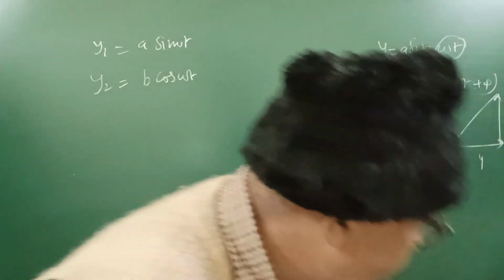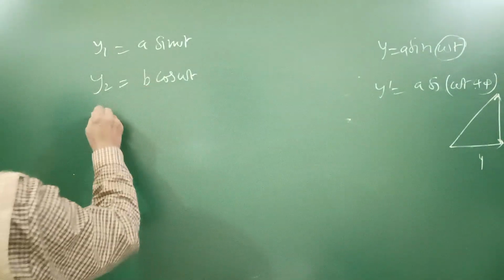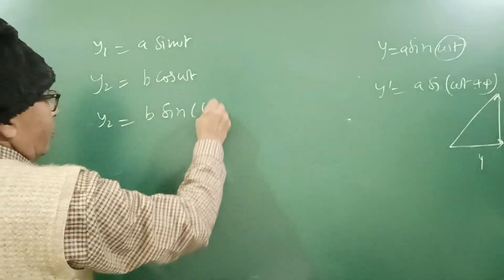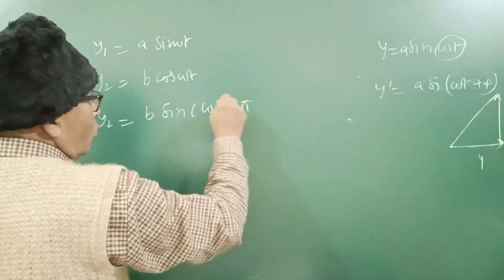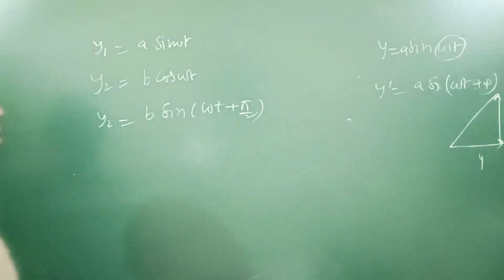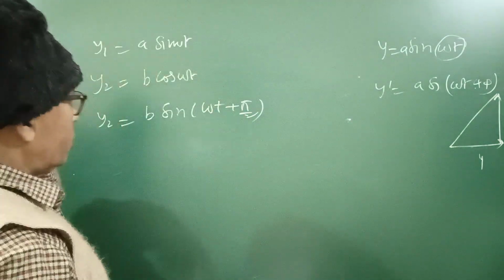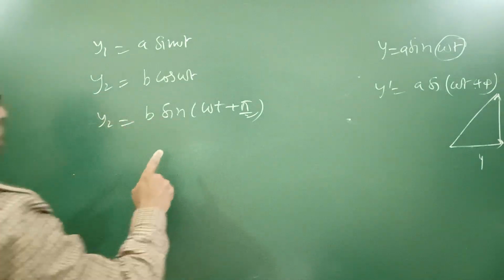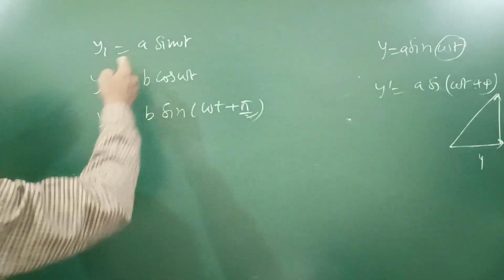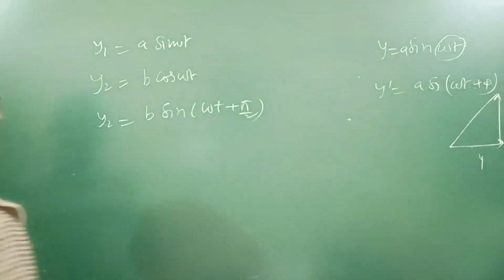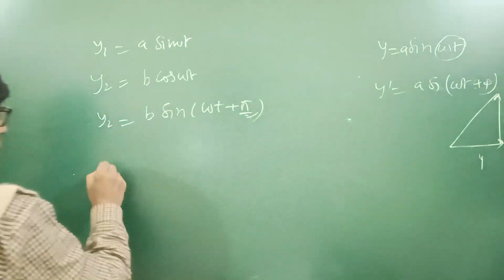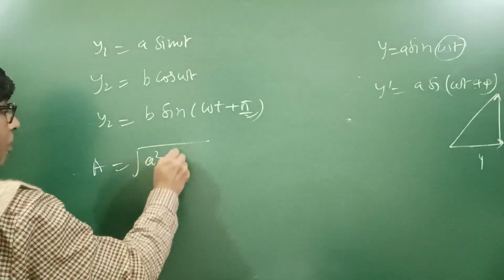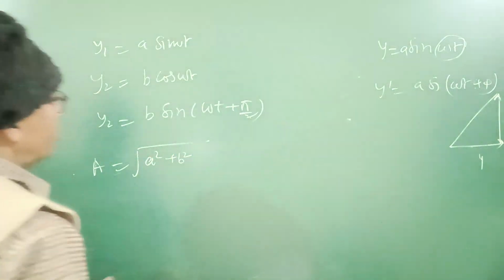Again the same thing. You can write this y2 as b sine (omega t plus pi by 2), since sine (90 plus theta) is cos theta. So the angle between y1 and y2 is 90 degrees. So the angle between their amplitudes is also 90 degrees. So the amplitude of the resultant motion is under root a square plus b square.